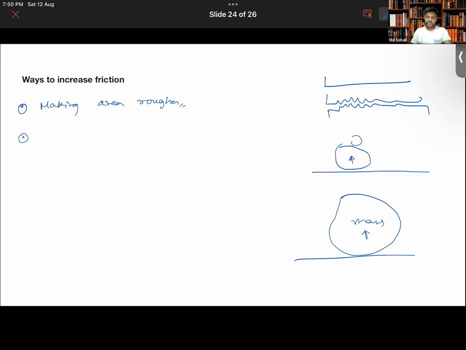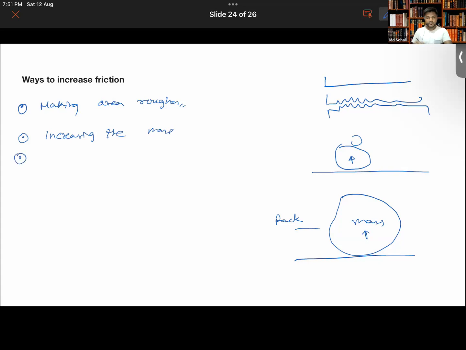Due to the increase in mass, the force with which the rock and the earth are compressing each other has increased now. So that will also lead to generation of more friction. So increasing the mass.